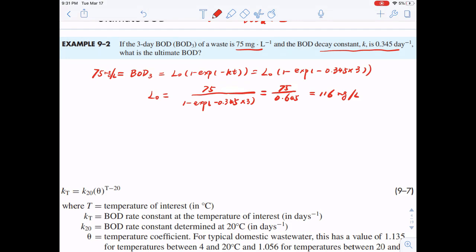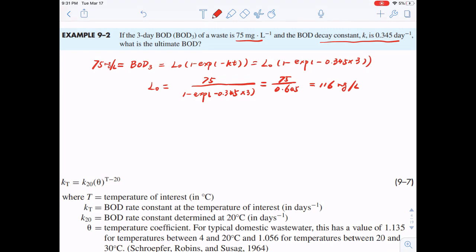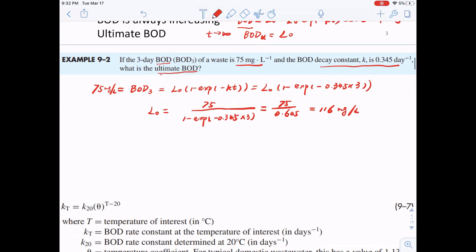So this is the concept of calculating at any time. As you can see in your homework, we did quite a lot of practice calculating the BOD with different values. If we know the BOD at a certain day, let's say BOD5 or BOD3, we can calculate the ultimate BOD. And also, if we know the ultimate BOD, we can calculate the BOD3 or BOD5 by directly using this equation.